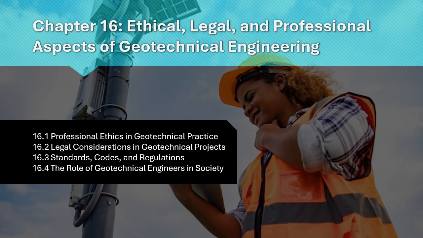Clients may sue for damages if the geotechnical engineer fails to meet contractual obligations. Engineers may need to demonstrate that they met industry standards and acted within the scope of their competence to avoid liability.